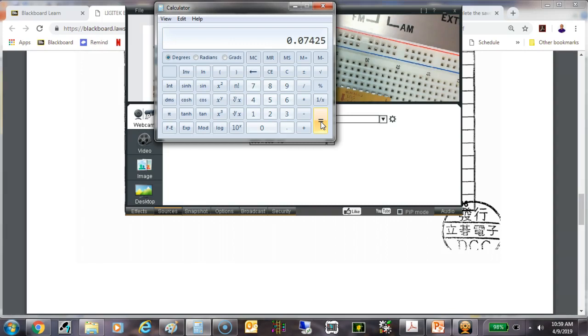So even a 1/4 watt resistor would work here. That's 250 milliwatts, and this would be about a 1/8 watt resistor. So this is well within the limits of this little resistor pack right here.